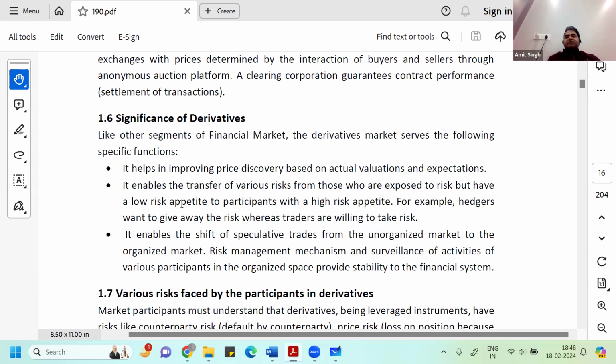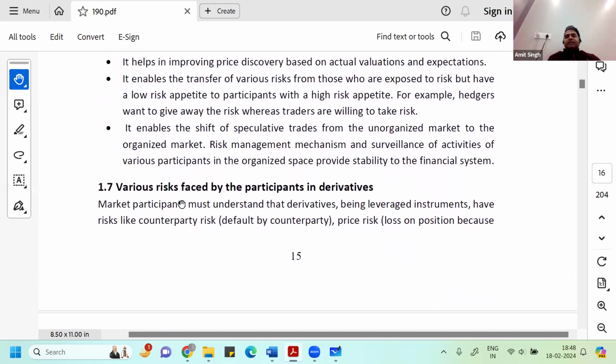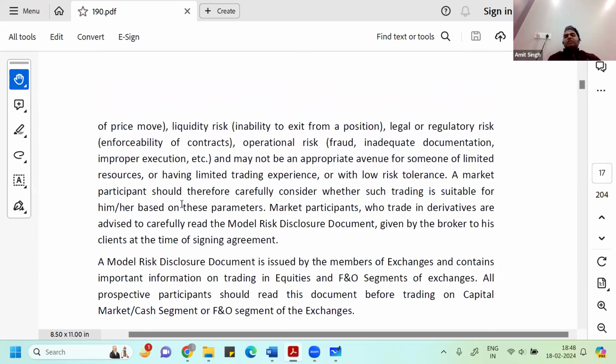Now, various risks faced by participants in the derivative market. The risk can be counterparty risk. The risk can be price risk, because of demand and supply the price will change in the future, and that's why we want to take an exposure in the derivative market. Then the risk can be liquidity risk. When you talk about a forward contract, you cannot sell it.